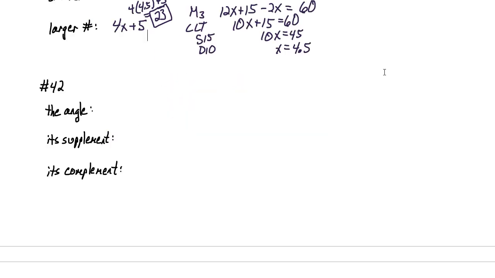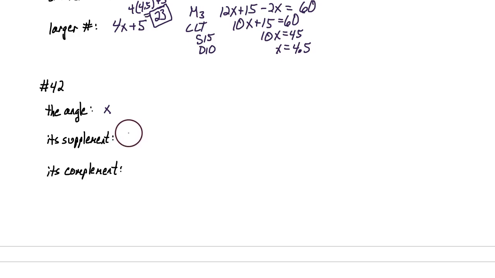Next, number 42. An angle measures at least 2/3 of its supplement and at most 5 times the complement. Find the possible measures of the angle. So we don't know how large an angle is. Let's represent it with the variable x. Supplementary angles add up to 180.